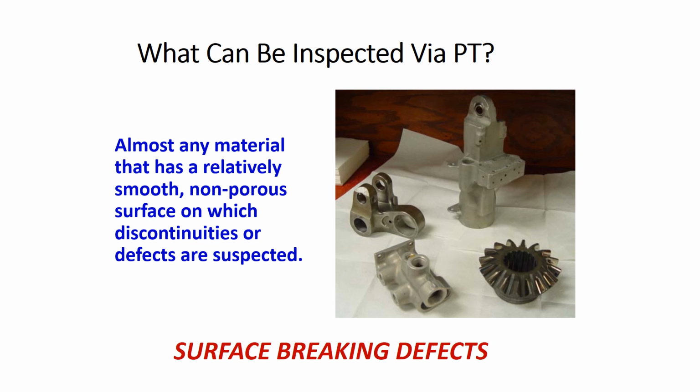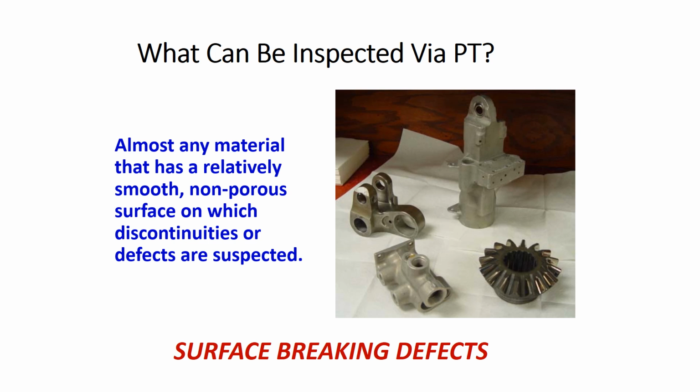Now, smooth and non-porous surface, what does this mean? Smooth and non-porous surface means some smoothness is required, because uneven and rough surfaces will give you excessive hazy background and the signal to noise ratio will be very, very low.